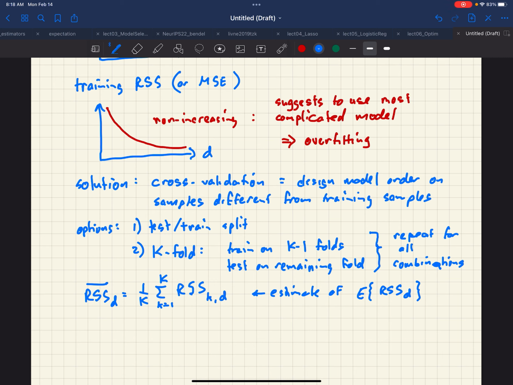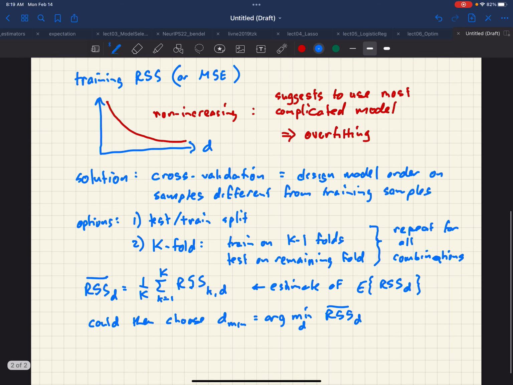So we can estimate the sample mean using this sample average. And then as one option, we could choose D min, which is the arg min over D of RSS bar D. So that's one option.